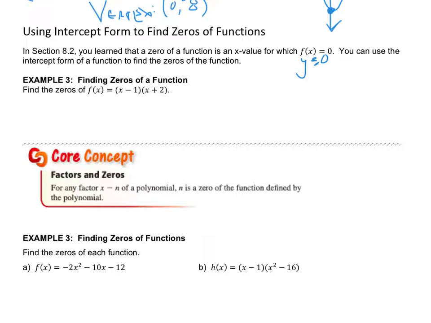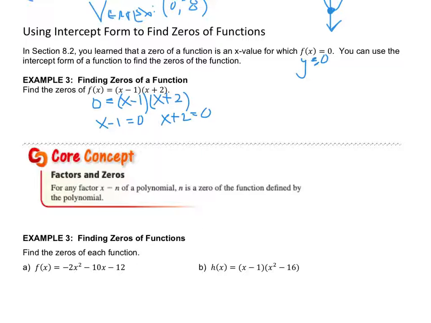So here's an example on number 3. So it's already in the factored form. So in factored form, remember what we said was to find the zeros, that's when the f of x function is worth 0. So basically that is leading us into the factored form and using that zero product rule where we said if one of these is equal to 0, then the product would also make it 0.